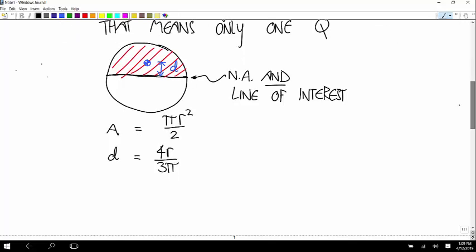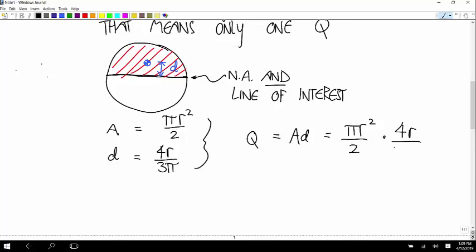And so Q is always equal to A times d, so that's pi r squared over 2 times 4r over 3 pi.